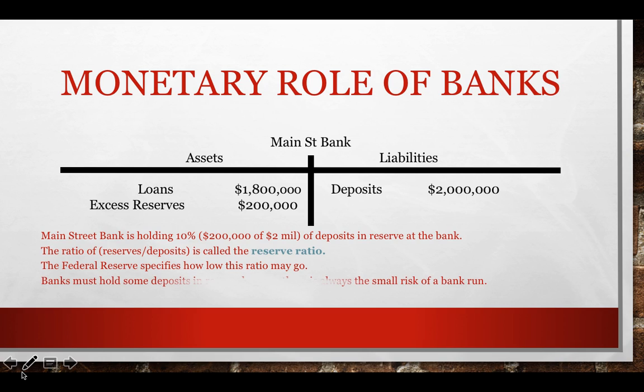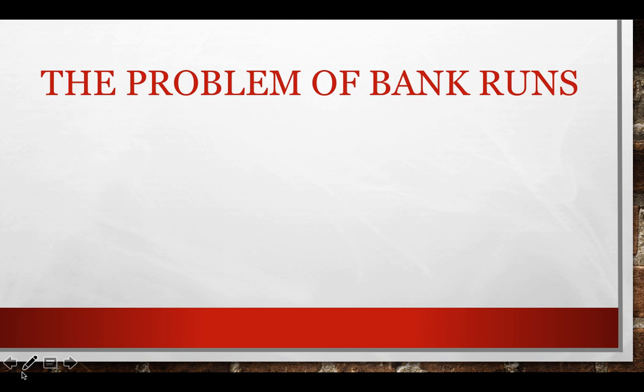And the reason the Federal Reserve wants banks to hold some of their deposits aside, and not loan everything out, is because there is always the slight risk of a bank run. This is not something we worry a lot about these days, but in the time of the Great Depression, before regulation stepped in, this was a big cause of the Depression.